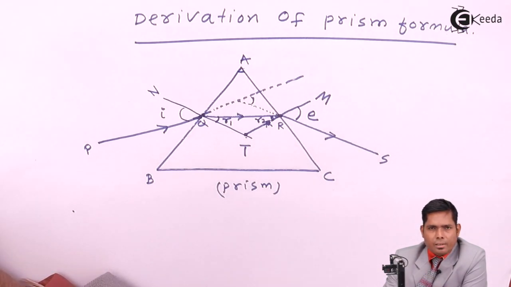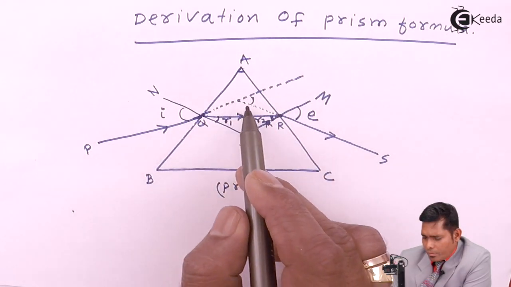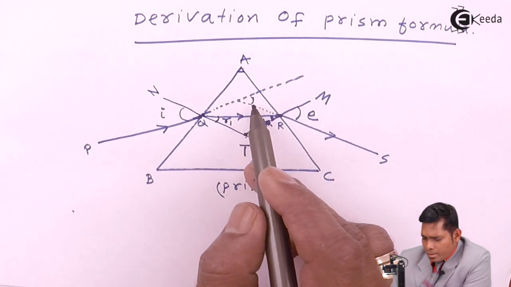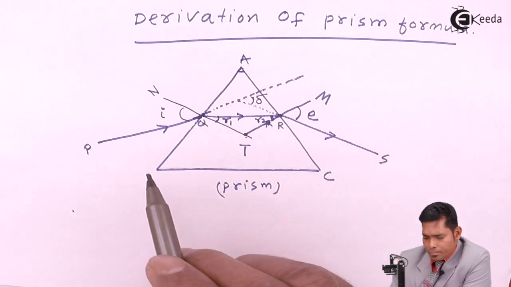You draw the first line and see the last line, that means the first ray and the last ray, the final direction of the ray. The angle between them is called the angle of deviation. This is the initial direction, this is the final direction, and this angle is called the angle of deviation, delta.